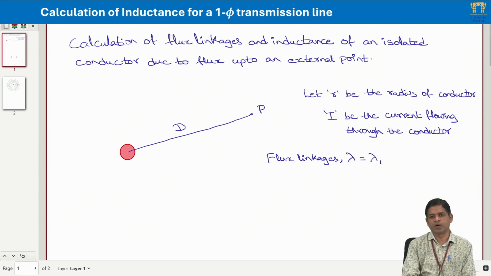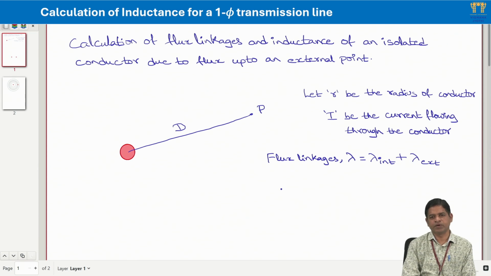Then we can take it as lambda internal plus the flux which surrounds the conductor surface, which we can call lambda external. Lambda internal is a constant which we have seen in one of the last sessions. So let us first now calculate lambda external from the center of the conductor till point P.